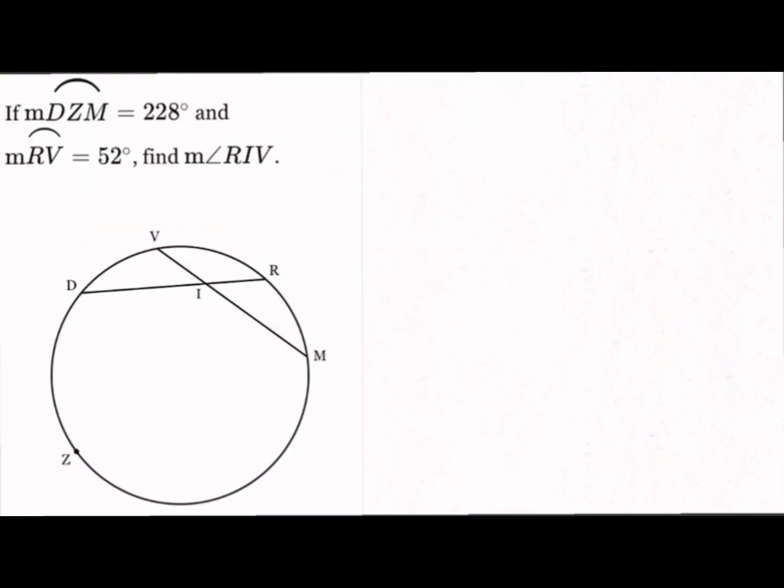So, if the measure of major arc DZM is 228 degrees and minor arc MV is 52 degrees, find angle RIV.